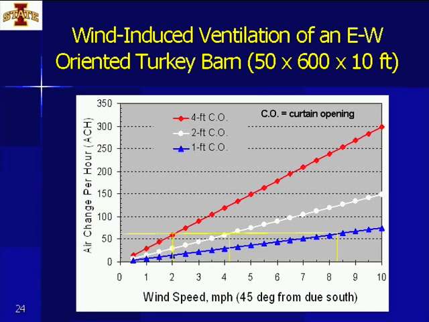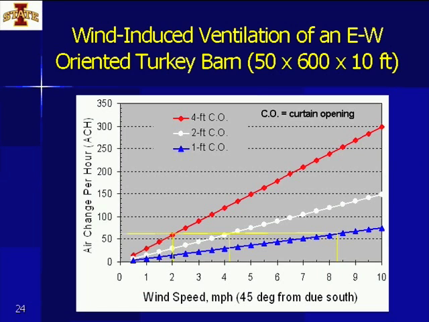The graph shows air change per hour versus the wind speed, at a curtain opening of 1, 2, or 4 foot. As you can see, if we use the threshold of 60 air changes per hour, or 1 air change per minute throughout the barn, it really only takes about 2 miles an hour for a southeast wind or a southwest wind for an east-west oriented barn to achieve that air change.